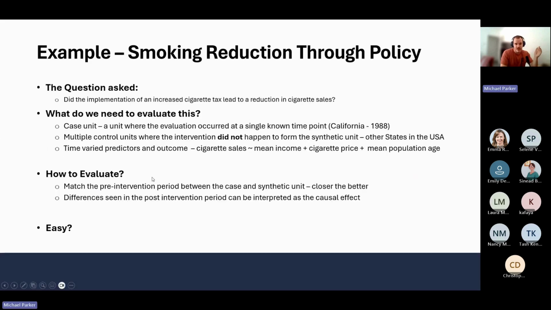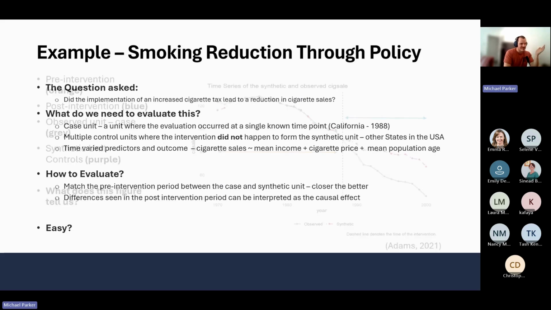So what we need to do is match the pre-intervention period based on these predictors, based on the different US states, and close that pre-intervention gap as small as possible. And our way of evaluating this is then we look at the post-intervention period, and we can determine if there's been a causal effect of that policy. So hopefully that sounds easy. It is. Maybe if it doesn't, it's not as bad as it sounds.